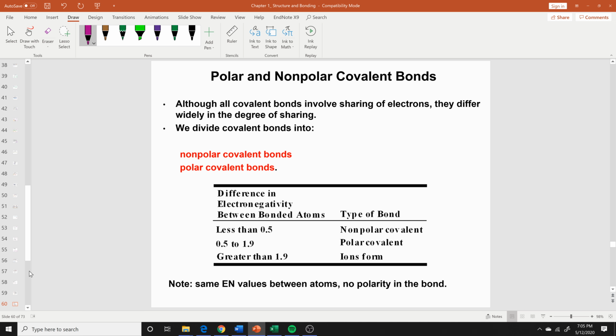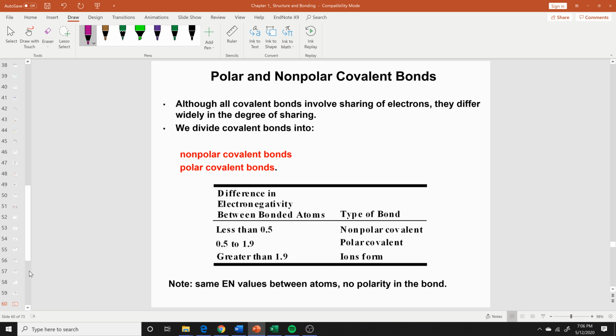If it is 0.5 to 1.9, then it is a covalent bond, but there is a difference between a polar covalent bond and a non-polar covalent bond. A polar covalent bond means that the electrons basically have a direction, and their direction is towards the more electronegative element. The electrons move towards the more electronegative element.